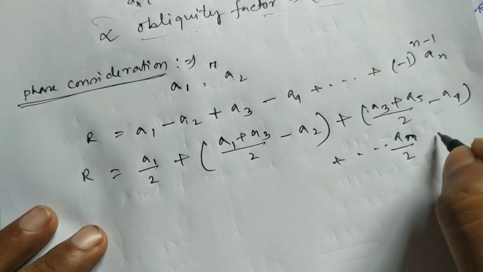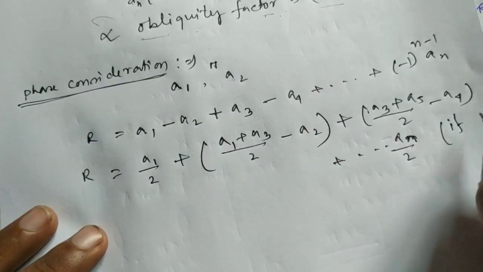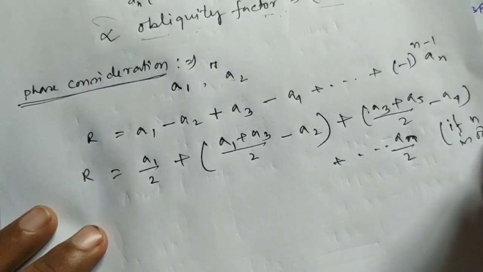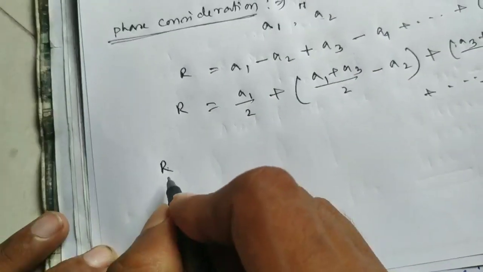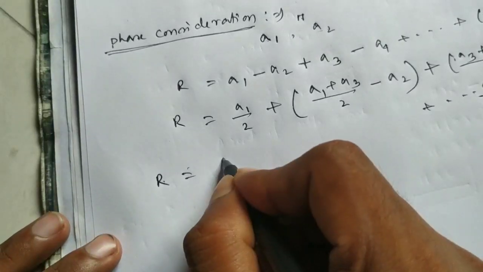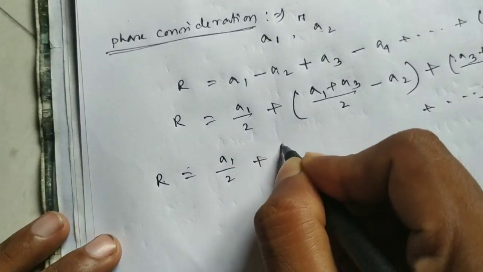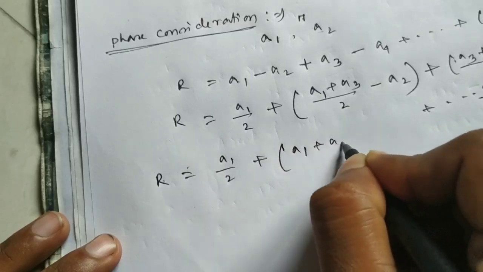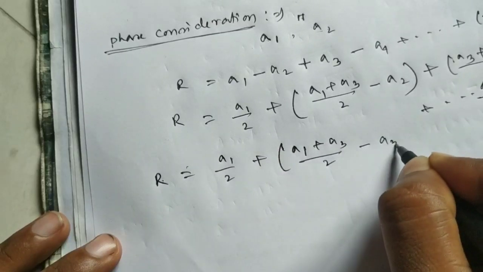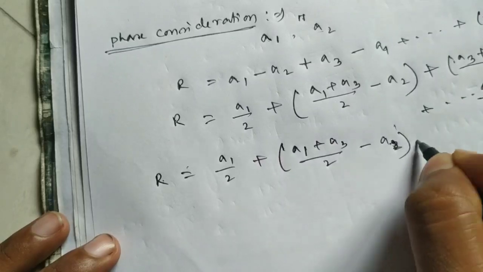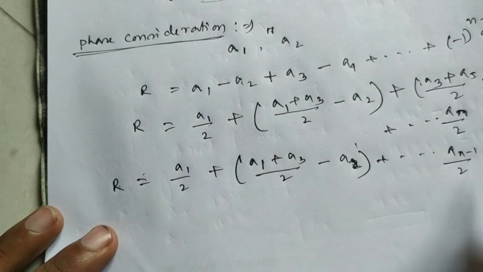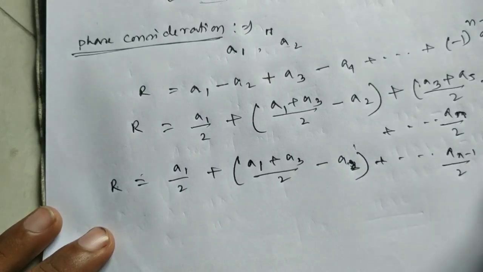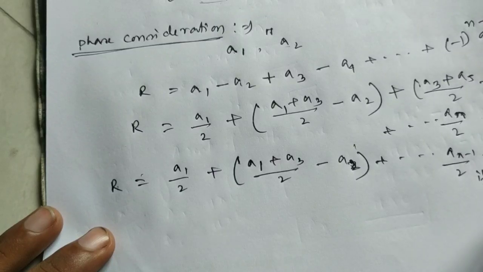if n is odd, and R equals A1 by 2 plus (A1 by 2 plus A3 by 2 minus A2) plus ... plus (An minus 1 by 2) minus An, if n is even.